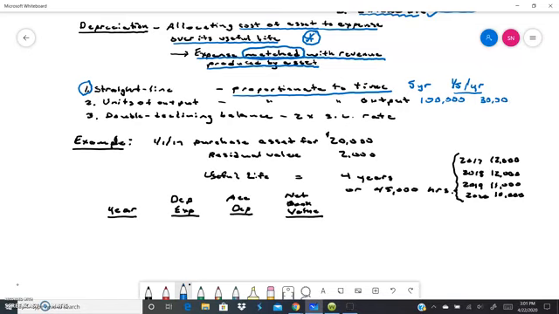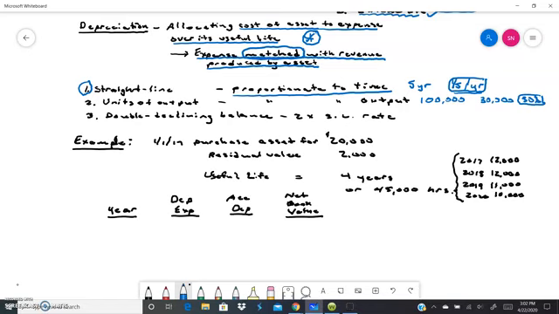Therefore, what we would do is depreciate 30% of the cost in the first year. Okay, so just a different way of looking at it, where the output is more relevant than the simple passage of time. So on a building, passage of time is probably more important.